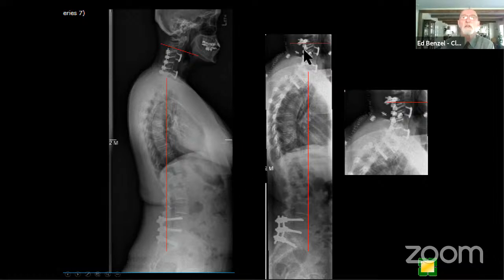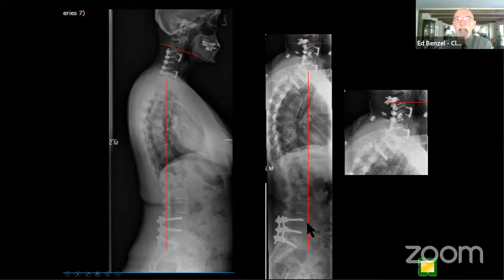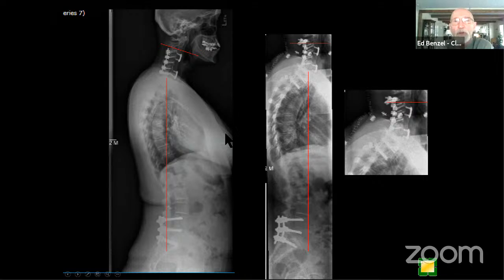And so now that her neck is fixed, she then gravitates back to what would be her natural plumb line, which is in kyphosis in the lumbar spine. That did not seem to bother her because she had back pain, which was actually improved with this operation as well.